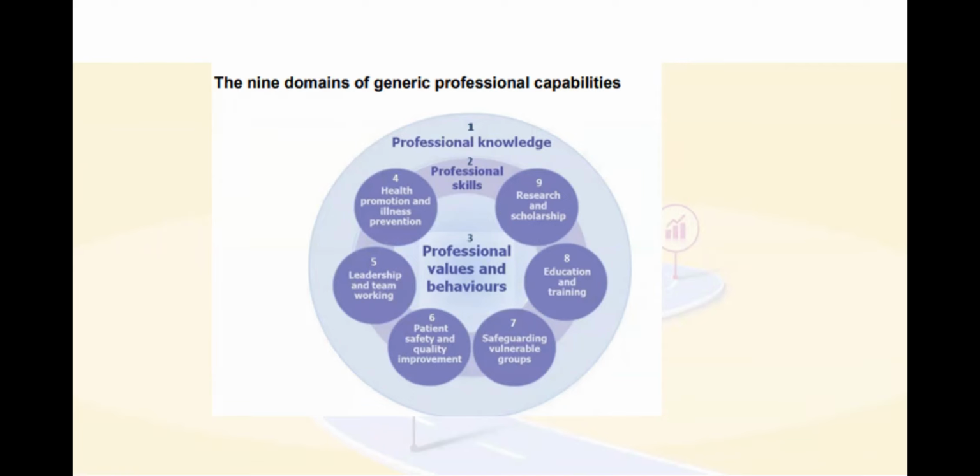What do the assessors check? What does GMC check? Those are the generic ones, and these are generic for all subspecialties or specialties, whether it be surgery, whether it be medicine, any kind of portfolio pathway application. Anyone has to submit these, to show that they have got knowledge, capabilities, professional skills and soft skills regarding these.